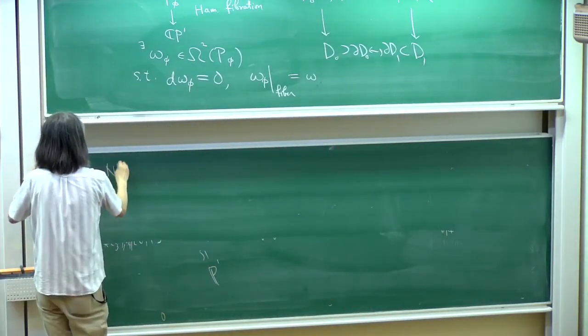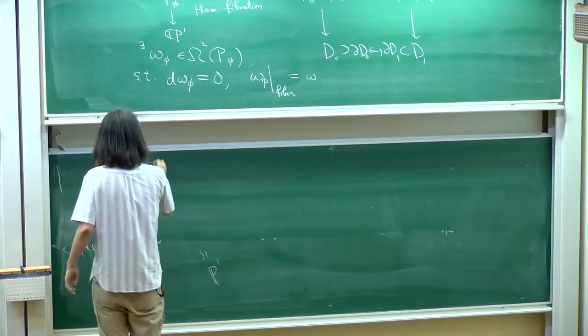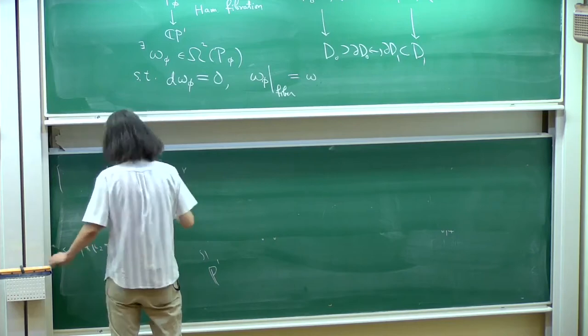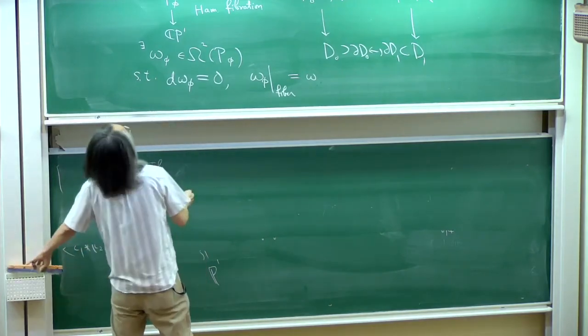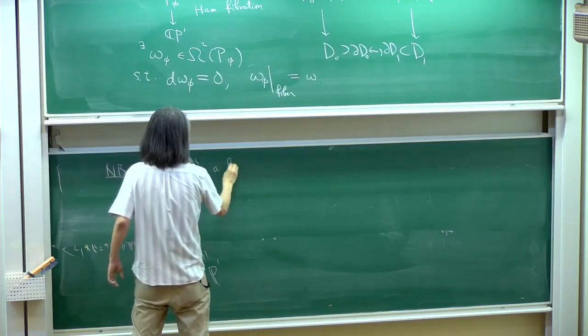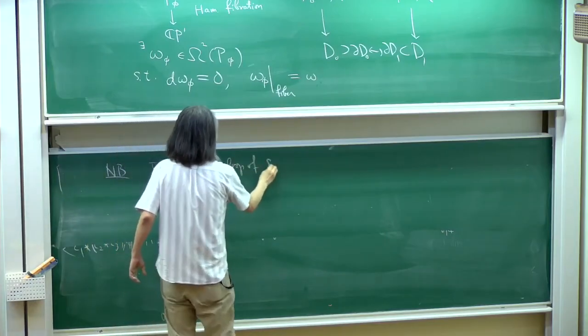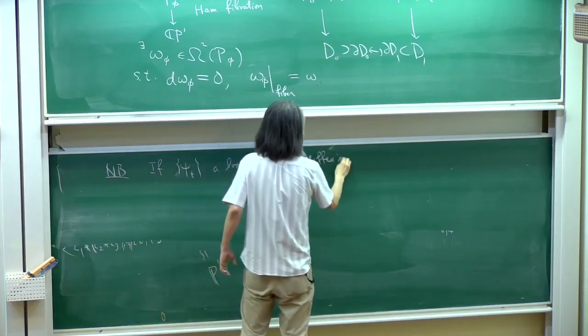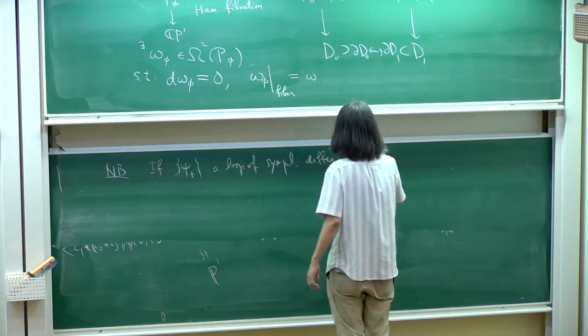If we have psi t, a loop of symplectic diffeomorphisms, then it may not be true.